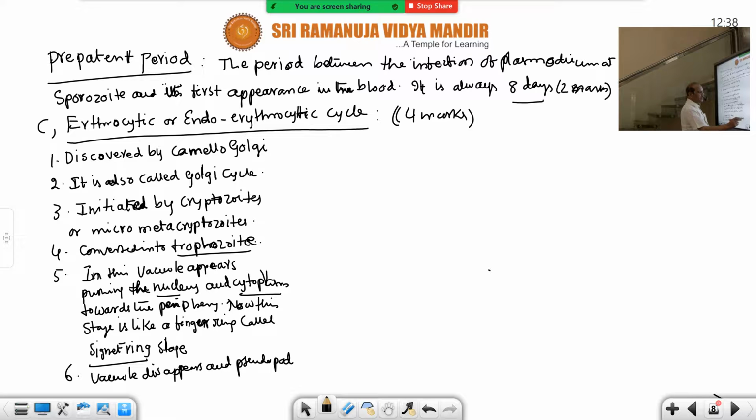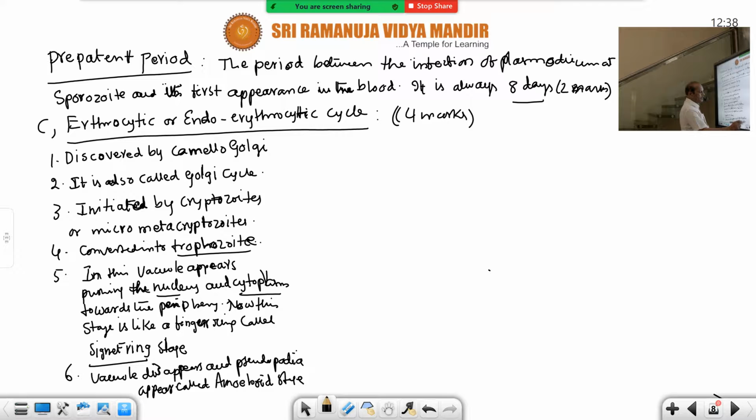When pseudopodia are there, you can imagine what type of shape it resembles. It looks like an amoeba, hence this is the amoeboid stage. Amoeboid stage is the third stage.